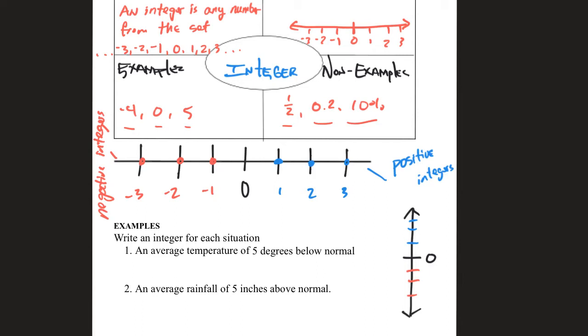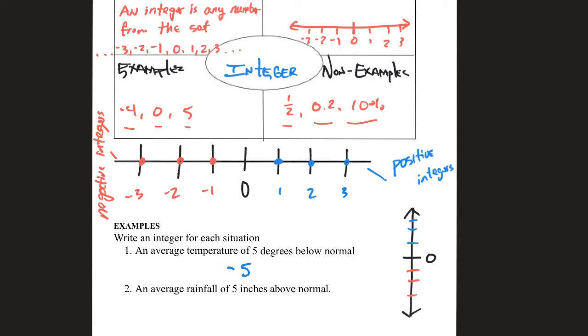So I want to talk about integers and absolute value for a quick minute here, and then we'll get into adding integers, right? So we're going to write an integer for each situation. The average temperature of 5 degrees below normal, so if we're writing 5 degrees below normal, our integer would be -5.